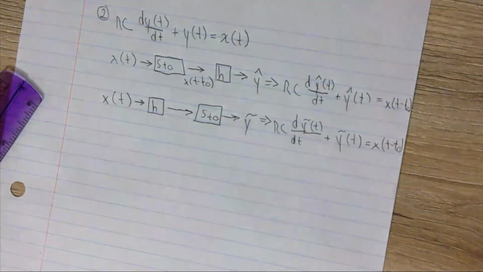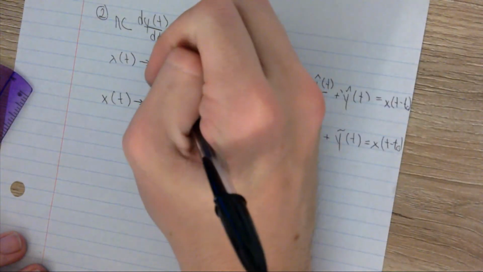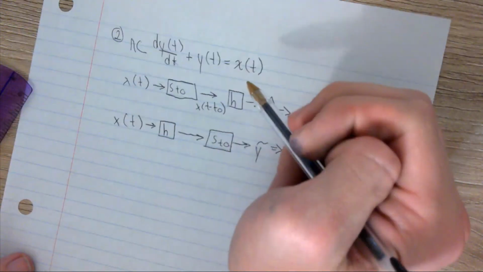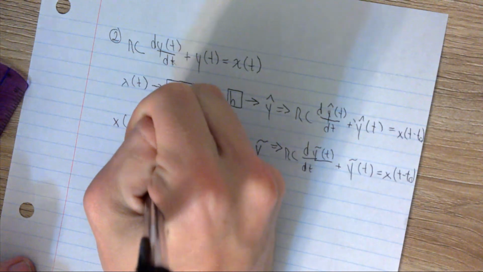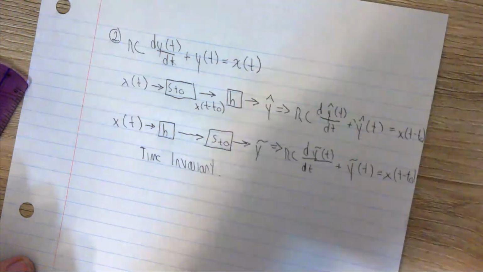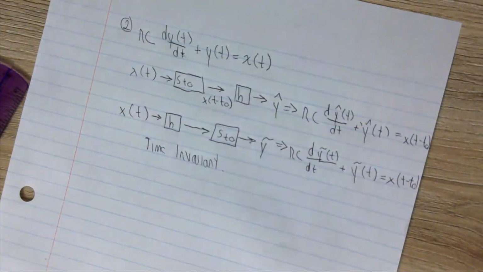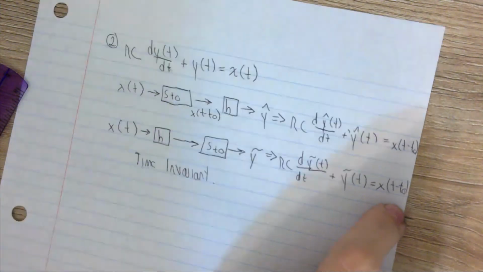So we can see the two equations match up, and that's why we can say an ordinary differential equation basically is a time invariant system. Cool. Okay. So we just looked at x(t) minus t0 is equal to x(t) minus t0.